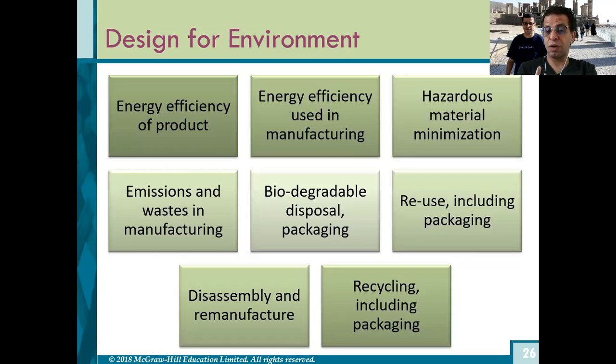Biodegradable, disposable, and packaging: we also saw in earlier classes how they do that for cartons. Reuse, including the packaging, disassembly, and remanufacturing. And we talk about recycling, including the packaging: reuse, recycle. These are today's trends.